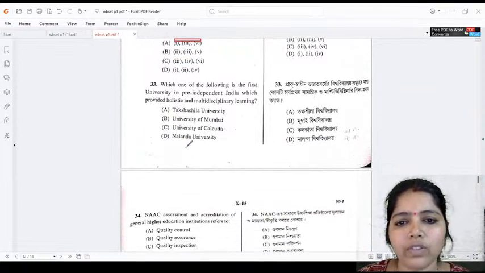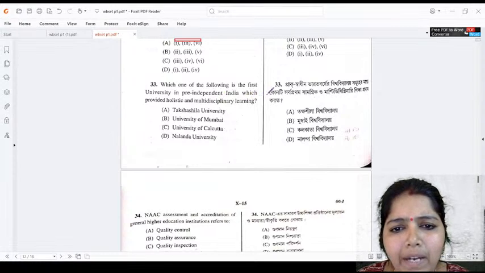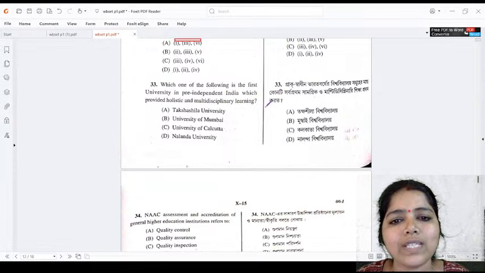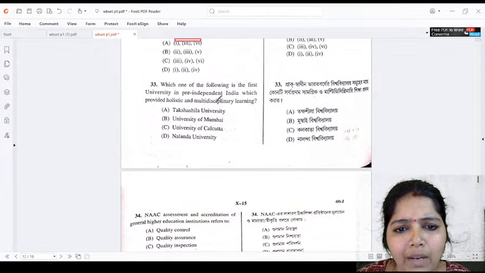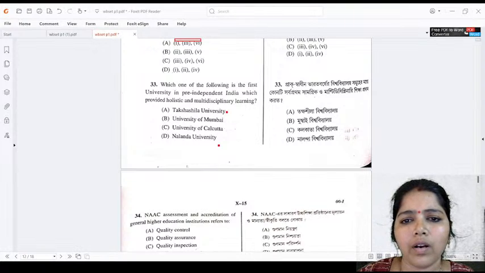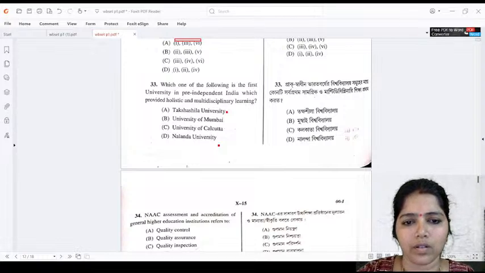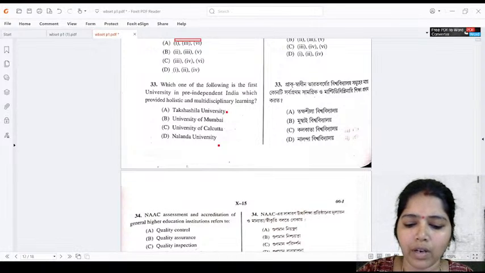The next one: which of the following is the first independent university in pre-independent India which provided holistic and multidisciplinary learning? Pre-independence, this will not come. Bombay and Calcutta both have been given.